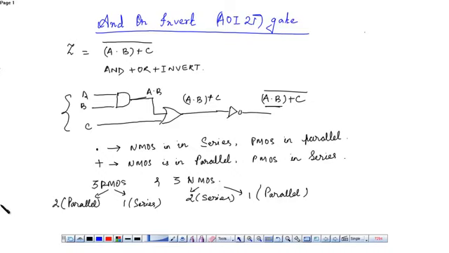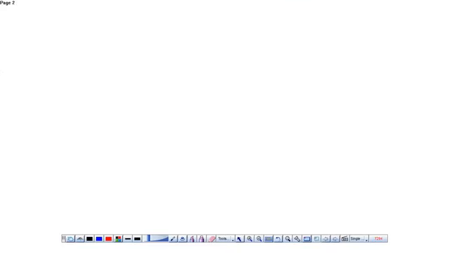So now we'll see the truth table of this AND-OR-invert 21 gate.